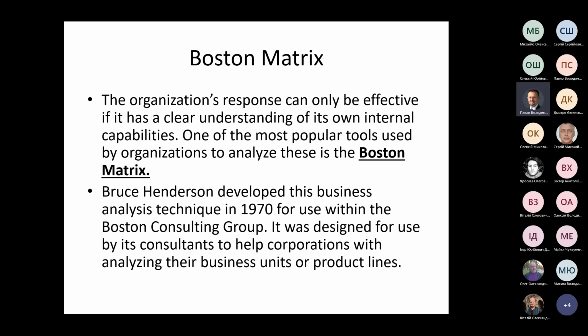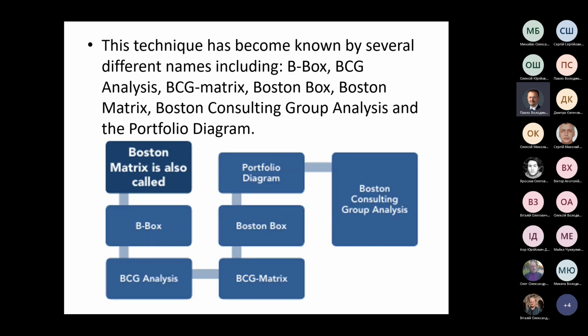This matrix was created in 1970 by Boston Consulting Group, and if you read literature, especially in English, you can find a lot of names for this instrument. It can be B-box, BCG analysis, portfolio diagram, Boston box, BCG matrix, Boston Consulting Group analysis.